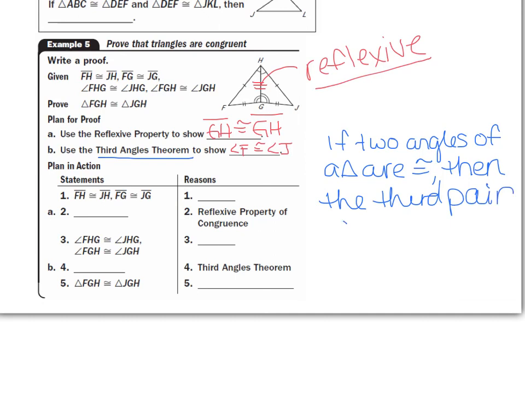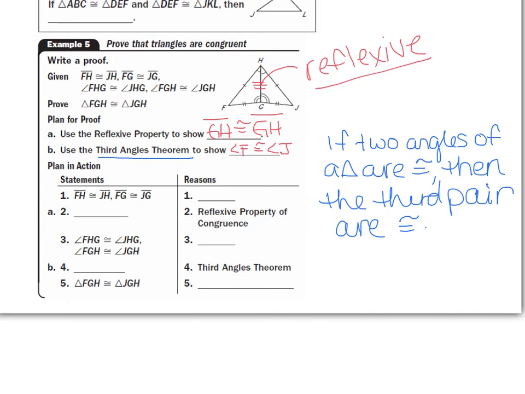If you think about that mathematically, if you subtract everything from 180, looking at this triangle over here with a total of 180 degrees for the angles, and you subtract out H and you subtract out G, it's going to give you this measurement. Well, you have the same measurements over here. So it's just by default that F, that third angle, isn't marked, but since you have the other two, you can say that F is congruent to J.